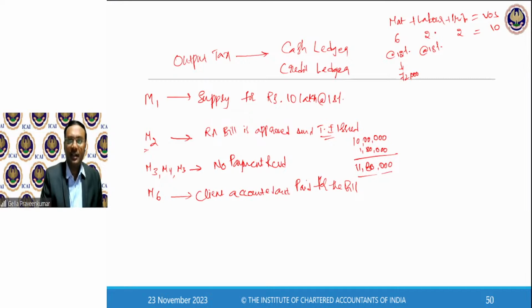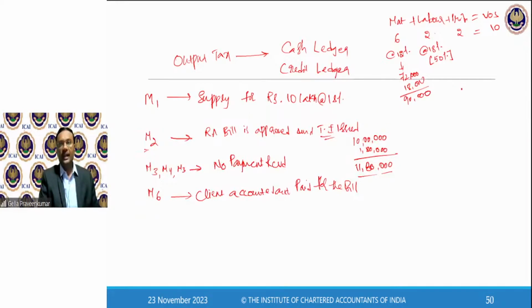Assuming on this labor, 50% alone is subjected to tax. 50% is URD purchase, 50% is regular purchase. On this regular purchase, that is 1 lakh, 18% happens to be 18,000. This is my composition of input tax credit, right?